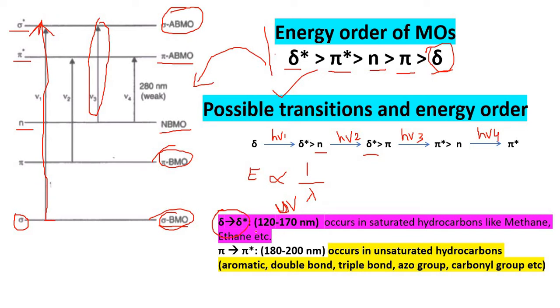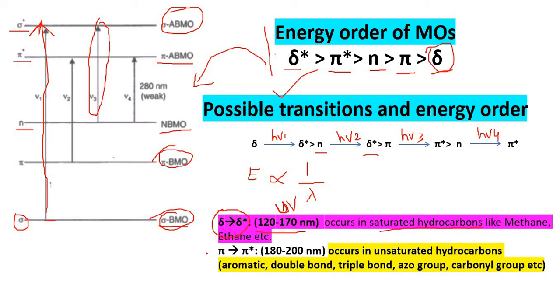This kind of transition occurs in all saturated hydrocarbons which contain sigma bonds, like methane, ethane, propane, and so on. Any organic molecule containing only sigma bonds will show this transition, in light of 120 to 170 nanometers.